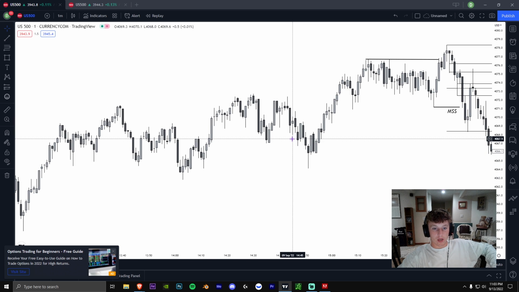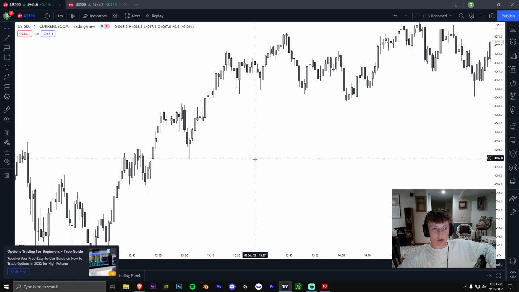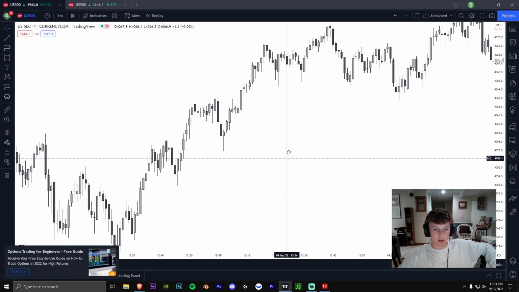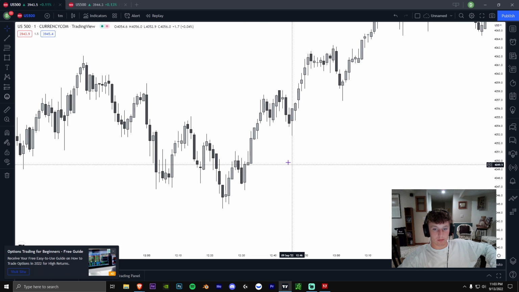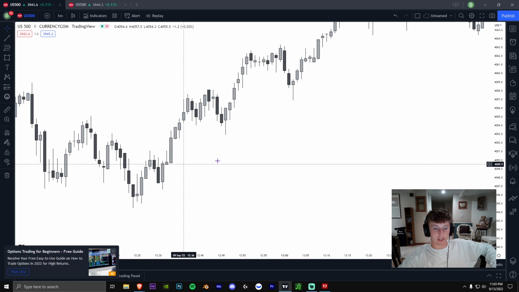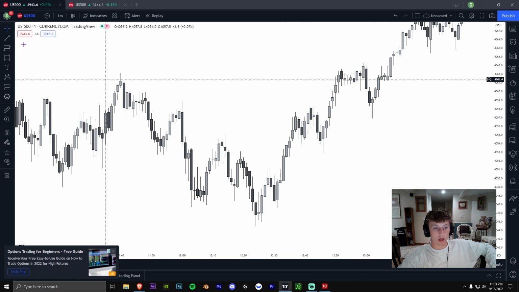So I'm going to try to find an example that goes with an order block. Let's see if I can find a good one. See, like in this example, we have the order block right here, but it doesn't get down to the entry. If it did, we'd be out along there.